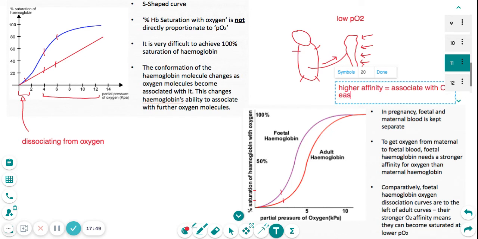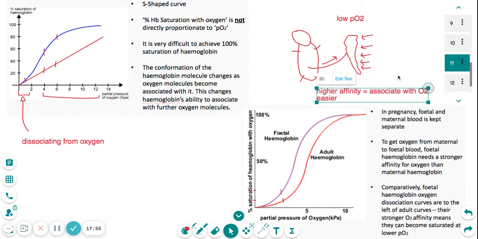Which is not well done, sorry about that. Right, as we can see that. So that's really important for the survival of the baby. If the baby's hemoglobin was the same as the adult mum's hemoglobin, there'd be no ability for the baby to pick up the oxygen or associate with it. So this is all completely to do with the survival of the baby.